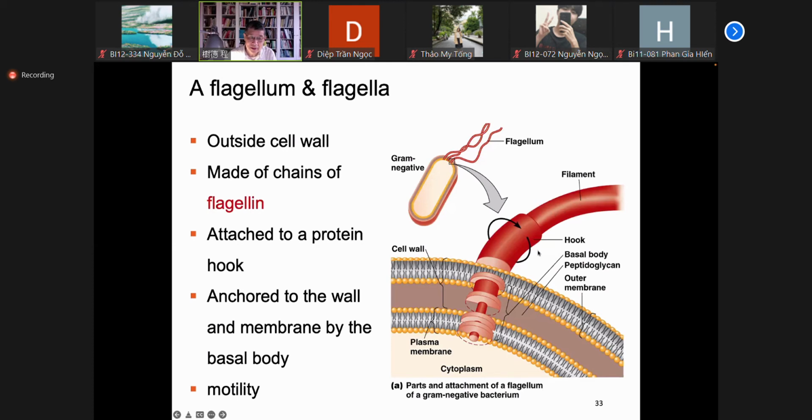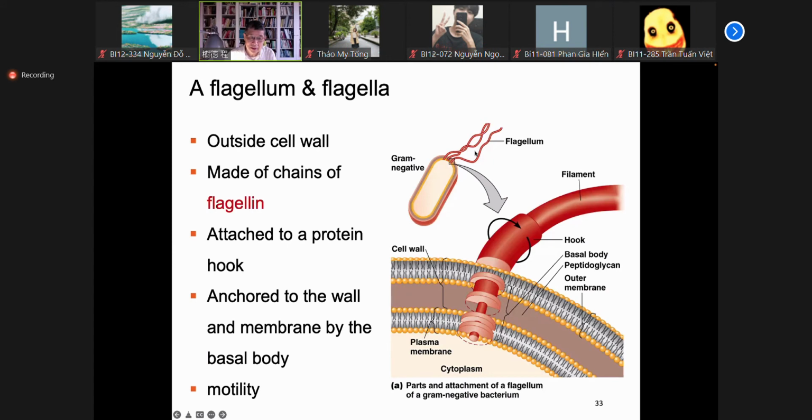So it's a large structure. The large structure has a hook and a filament. This hook is connected with 4 wheels to the cell surface as a membrane. So these 4 wheels plus 1 hook is the original structure for the flagella.